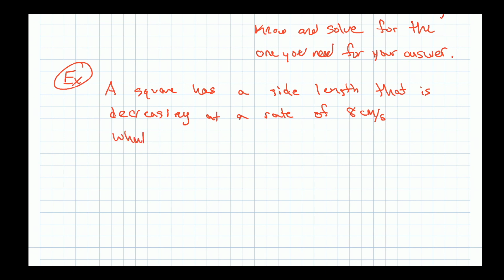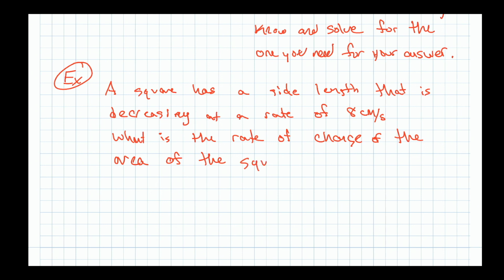What is the rate of change of the area of the square when the sides are 7 centimeters?